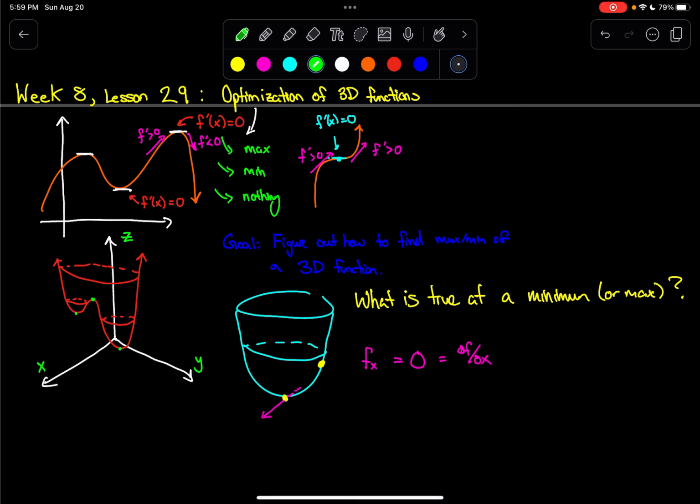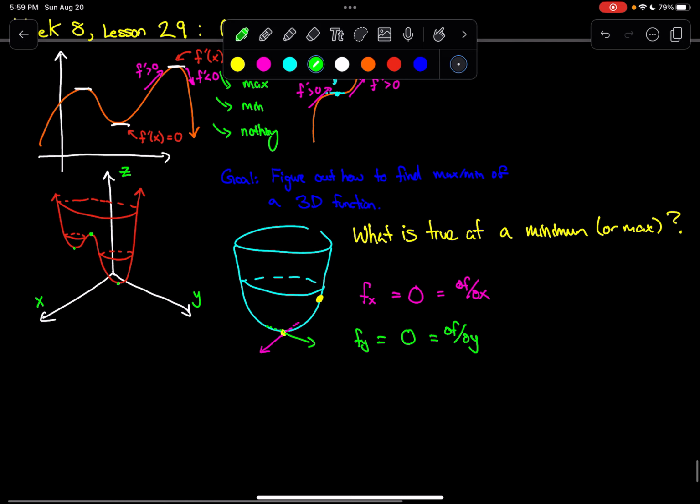Likewise, it should also make sense that if we are doing the derivative with respect to y, because that's our second variable, we also need this derivative to equal 0, the partial of our function with respect to y.